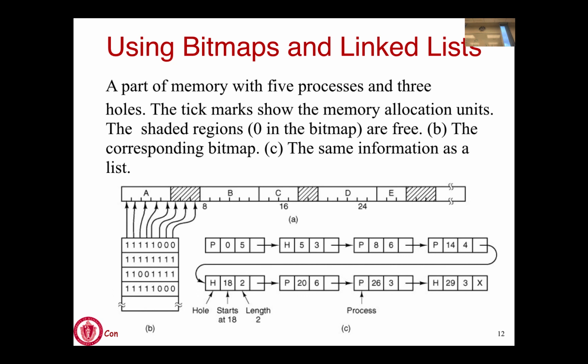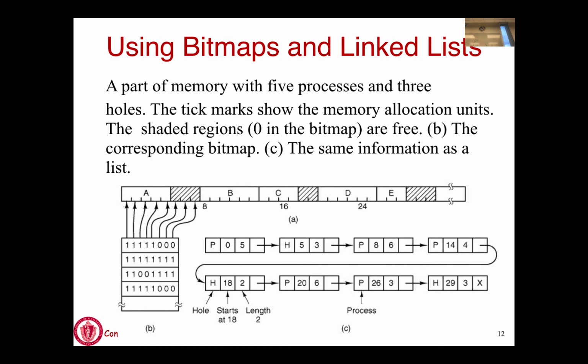They don't call it a page, they call it a click. So essentially 1 bit per click, which you can think of as 1 bit per chunk of memory that looks like a page, and you can have that bitmap shown there. You will see that a 1 means it's in use, and 0 means it's not in use. So there's 1 bit per click or 1 bit per page.